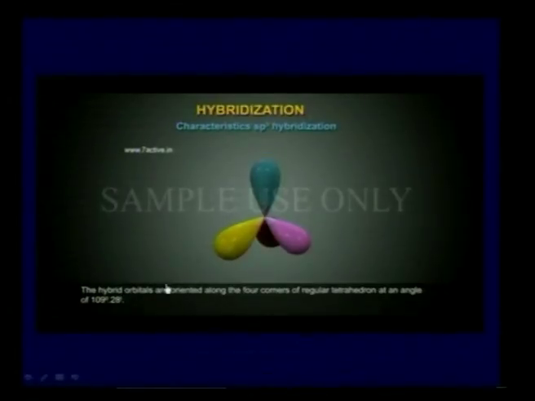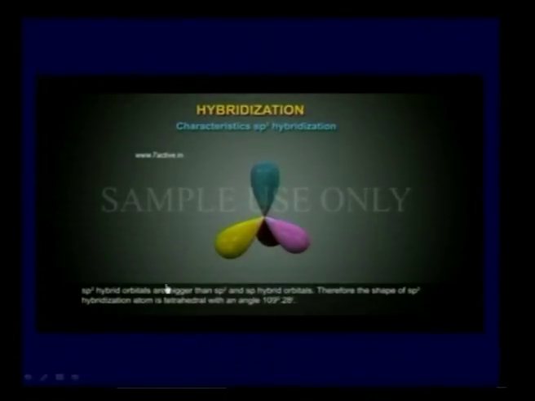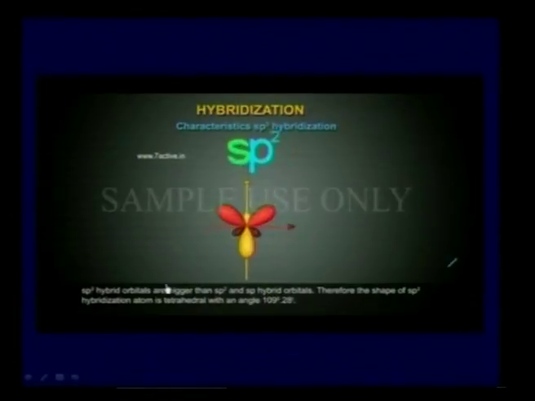And are you able to find what is the bond angle here? 109.5 degrees. Okay. This hybridization is known as tetrahedral hybridization.